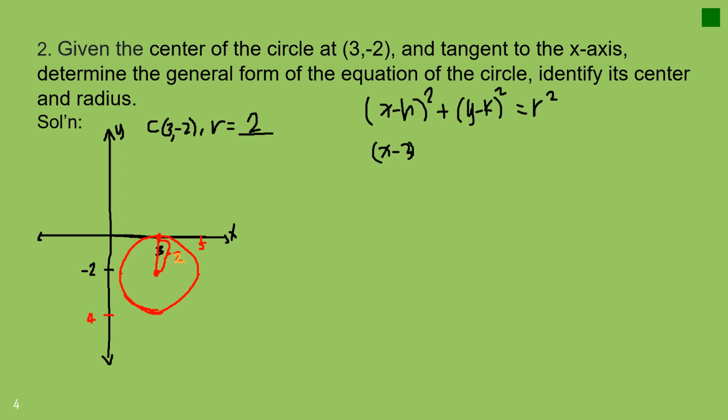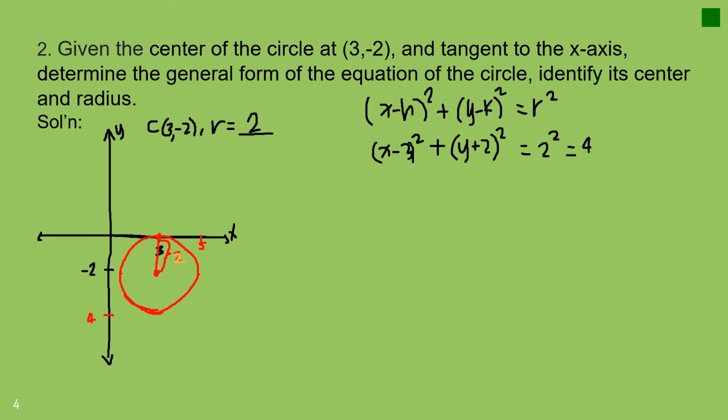And substituting the values of h and k and r to our equation, we have x minus 3 quantity squared plus y. This time our k is negative 2, so this becomes y plus 2 because that's going to be y minus negative 2, and when we simplify that, it becomes y plus 2, equal to the radius, which is 2 squared, okay, equal to 4.